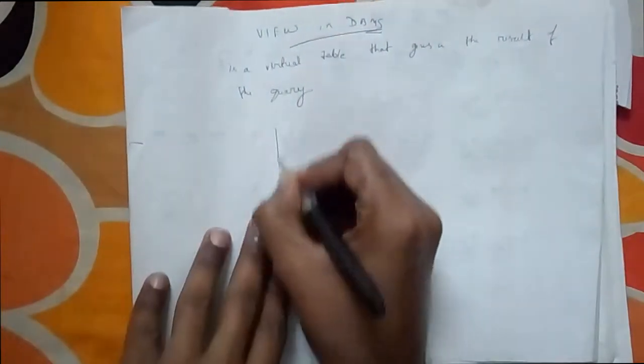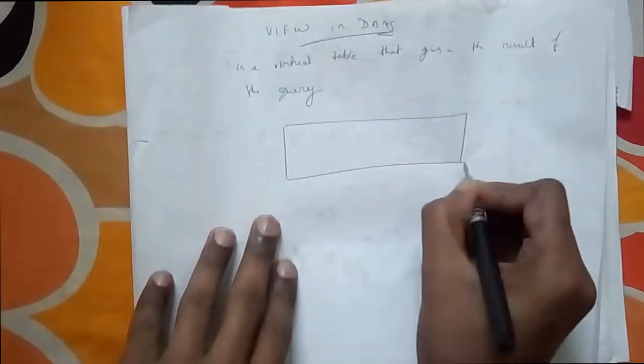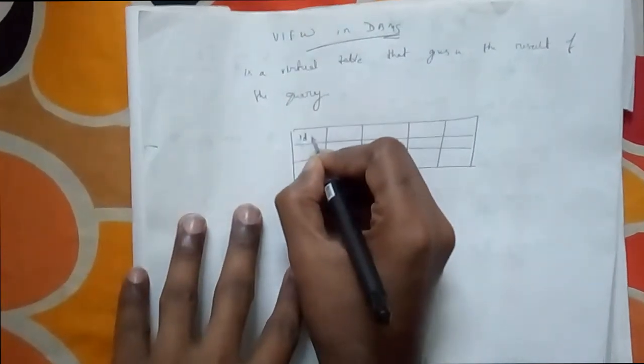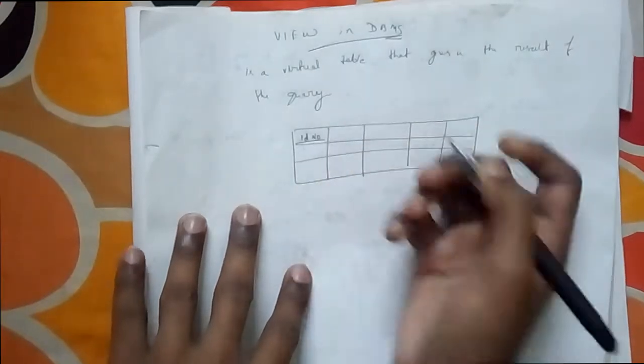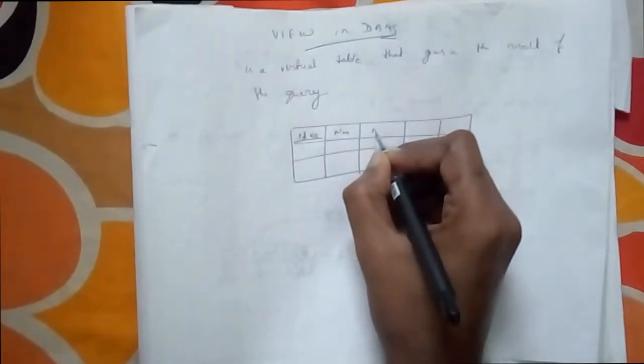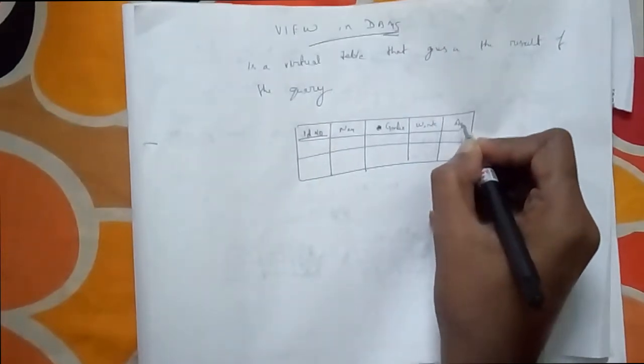So, suppose let's take a table first. Let's take ID number, of course a primary key. Hope you guys know what primary key is. ID number, name, let's take gender, work, then age.